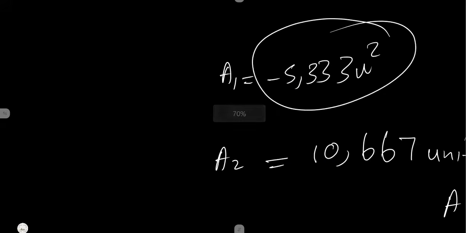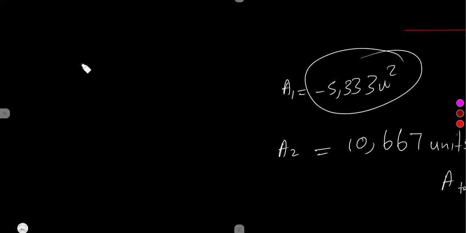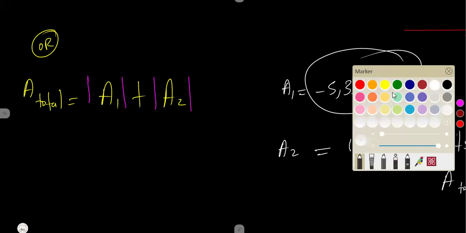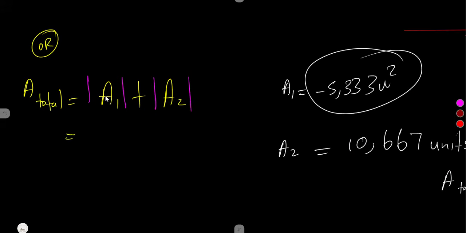So using that concept, we are going to have the total area calculated as A1 plus A2, which is the magnitude of area that we are talking about. Let me present it this way so that you understand. The magnitude of area 1 plus the magnitude of area 2. What is the magnitude there? When you talk about the magnitude, you ignore the negative.